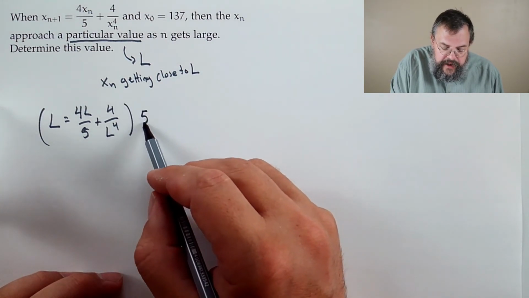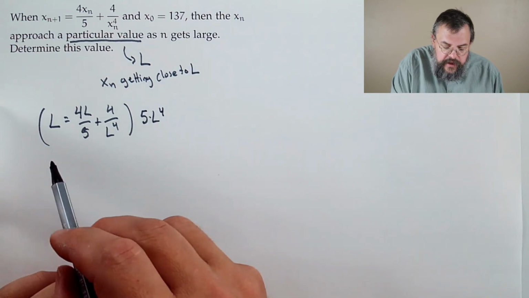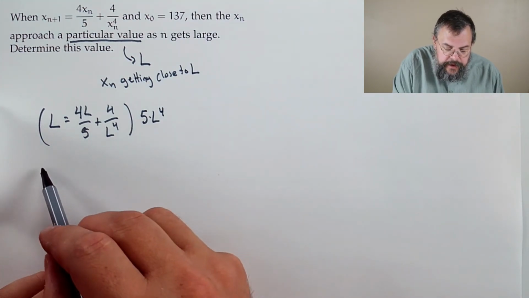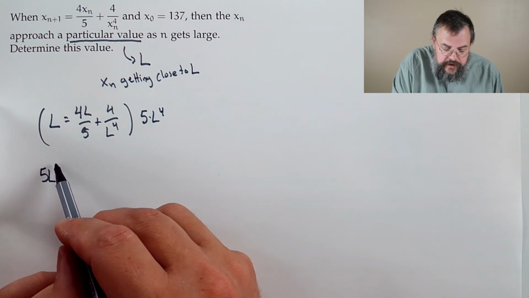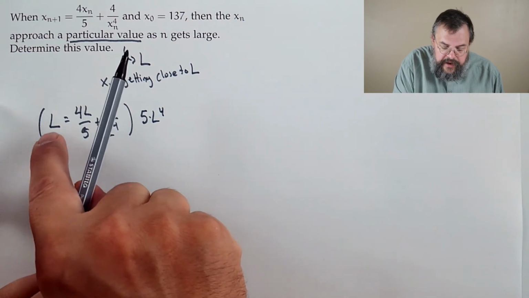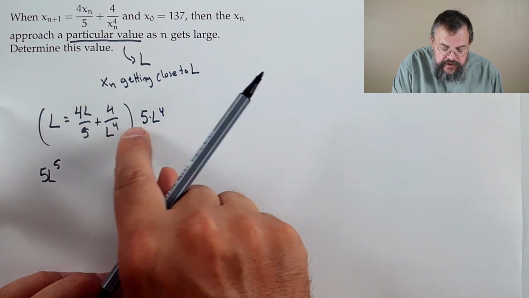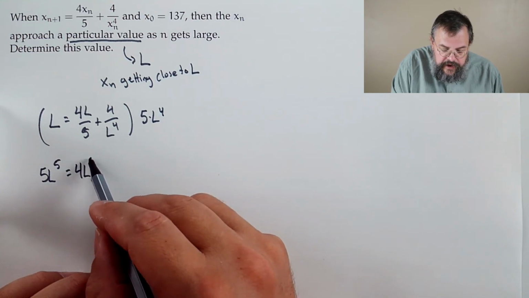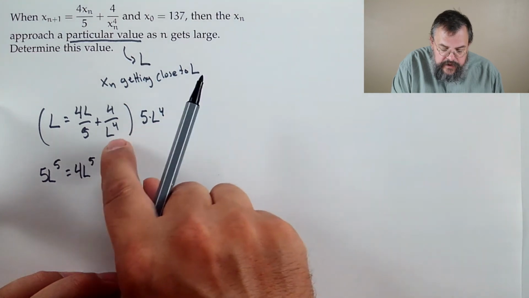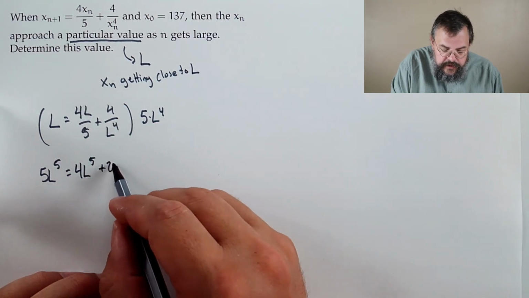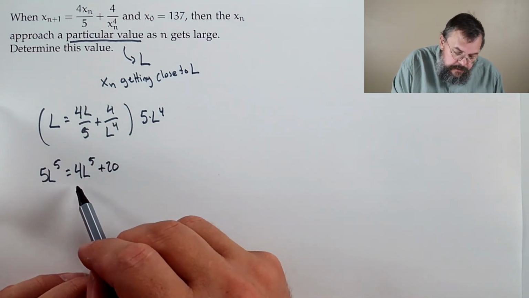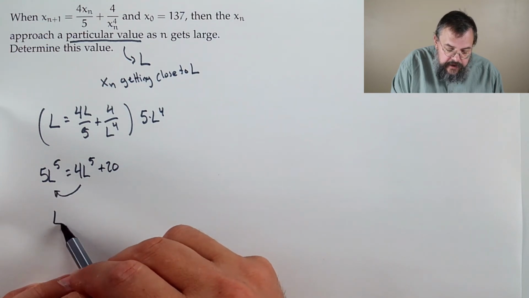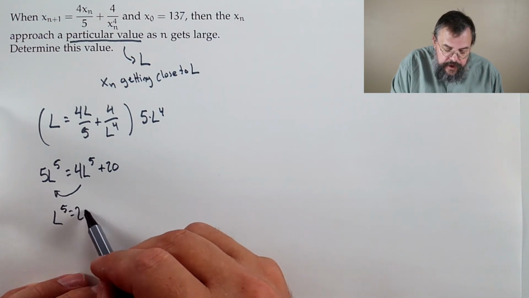Let's multiply by 5 times L to the 4th. Over here we have 5L to the 5th, because we multiply by 5 and L to the 4th. Here the 5's cancel, that would be 4L to the 5th. And here the L to the 4th cancel, plus 20. Well, move this across. We get L to the 5th equals 20.